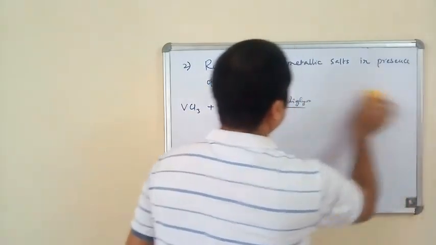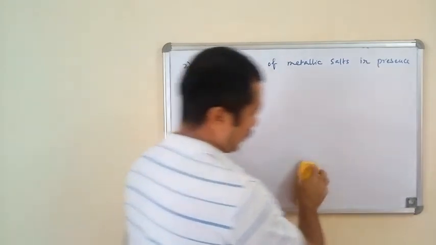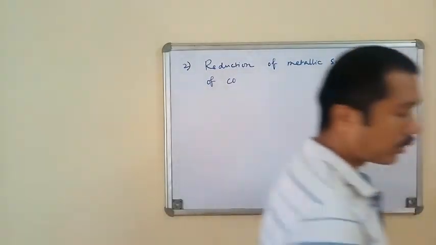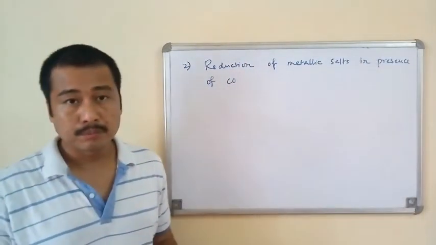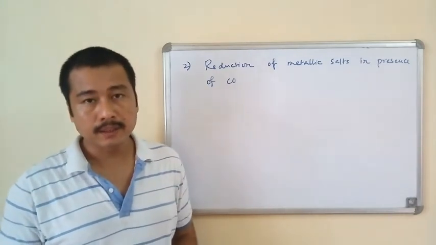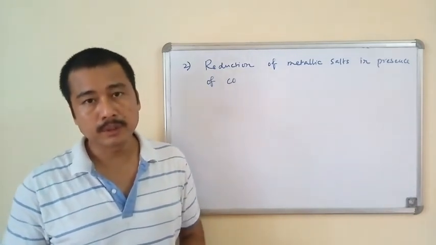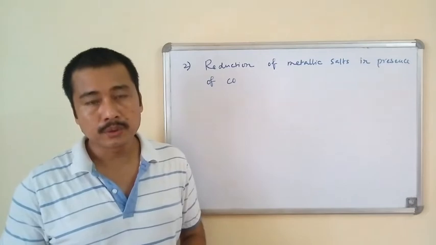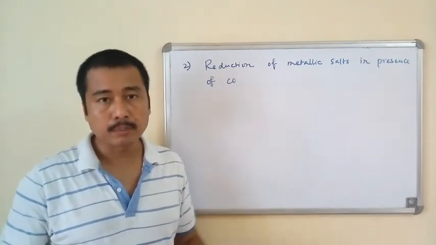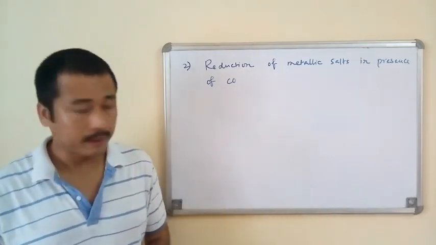Apart from alkali metals, one can also use aluminium as a reducing agent. That is, aluminium metal itself can be used to reduce certain metallic salts and thereby produce metal carbonyl complexes.